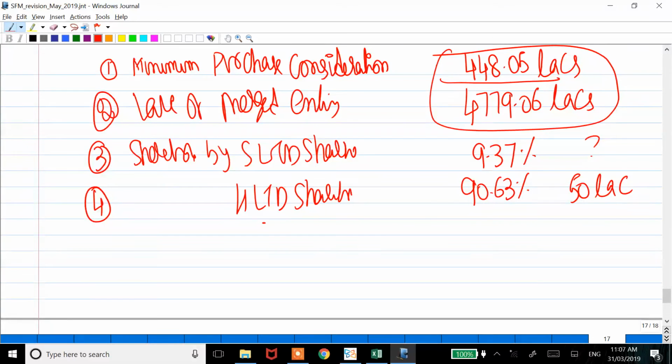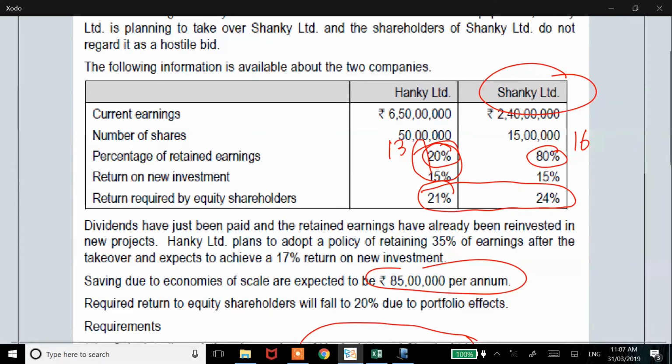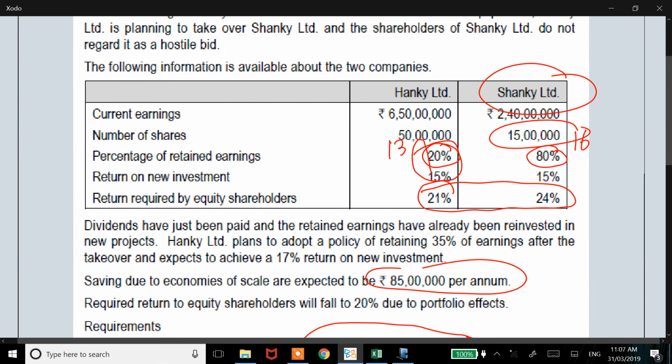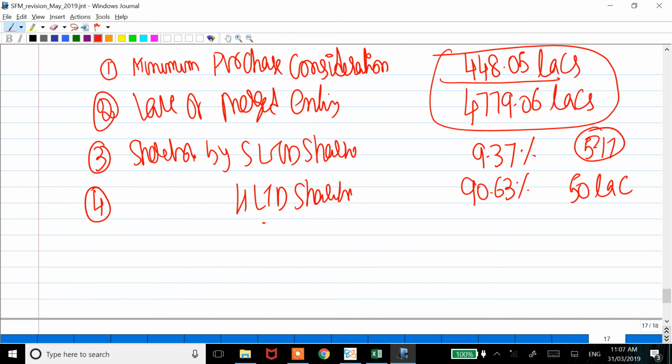So 90.63 is equal to 50 lakh. You can tell me this number. This is the shares to be allotted. So based on that, you can get the exchange ratio. 5.17 is to 15. If I have to go to the exchange ratio part, 5.17 lakh shares will be allotted to the other set of people.